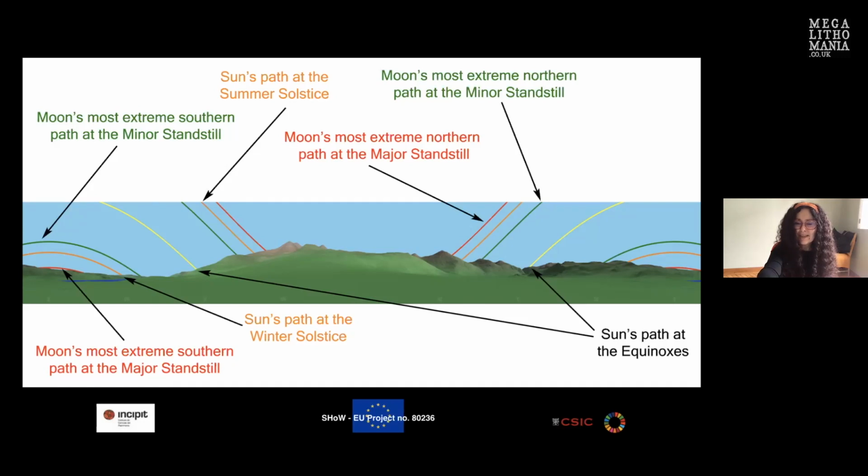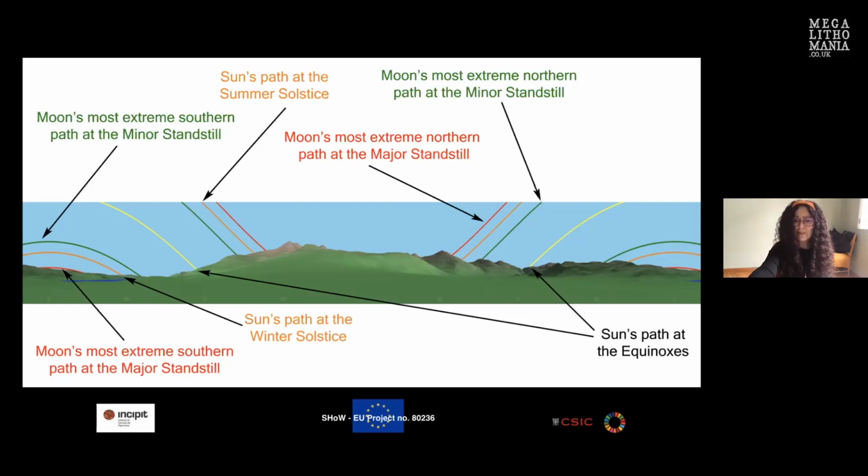The red lines are basically the rising that the moon takes at its major standstill, which is its most extreme northern rising point. Then it rises up, goes around and comes down, and then in the northwest, so still center of that picture, you can see a red line coming down and another arc. That is the moon at its most extreme setting point that happens about every 18.6 years.